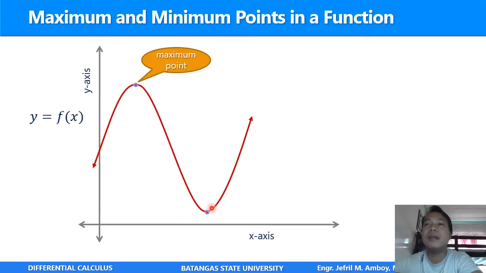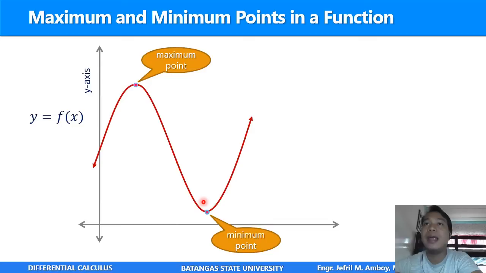At this point naman, meron tayong tinatawag na minimum point. If we will consider this function in an open interval, meaning kung open ang interval na yan, ito dire-diretso pababa, at ito naman, dire-diretso pataas. Ito ay tinatawag nating local maximum at ito naman ay tinatawag na local minimum.